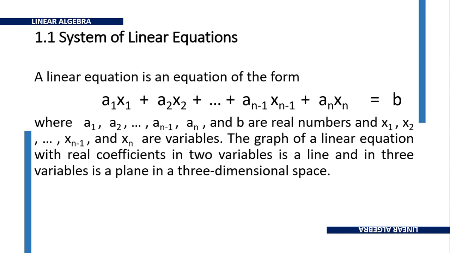So let's continue to our topic today. We have the system of linear equations. A linear equation is an equation of the form a sub 1 x sub 1 plus a sub 2 x sub 2 plus ... plus a sub n minus 1 x sub n minus 1 plus a sub n x sub n equals b, where a sub 1, a sub 2, a sub n minus 1, a sub n, and b are real numbers, and x sub 1, x sub 2, x sub n minus 1, and x sub n are variables.